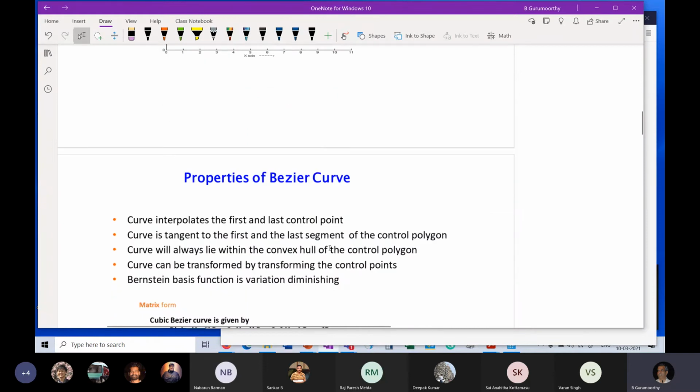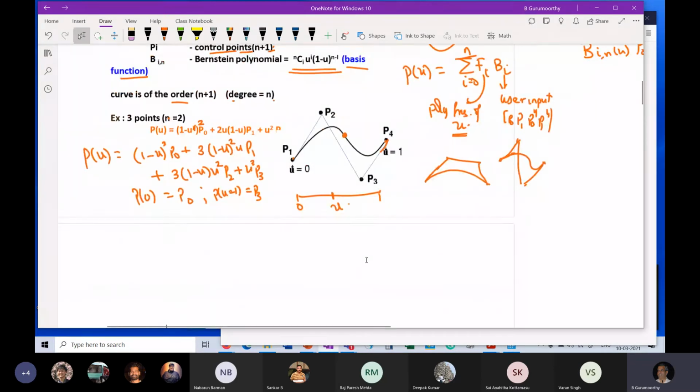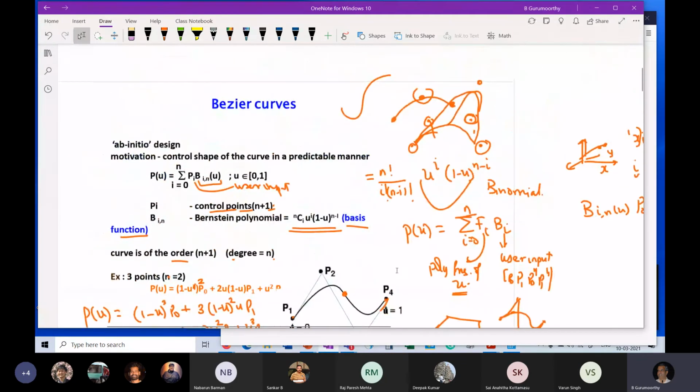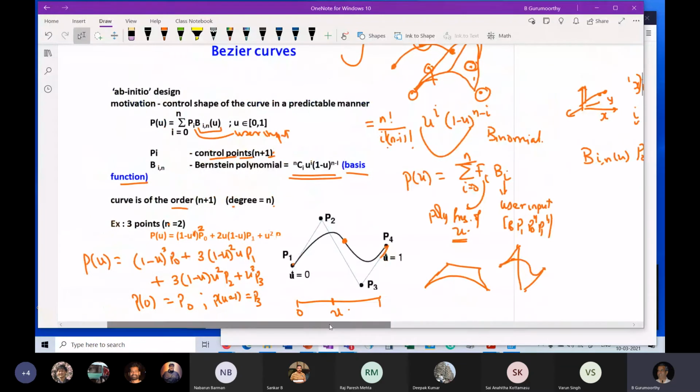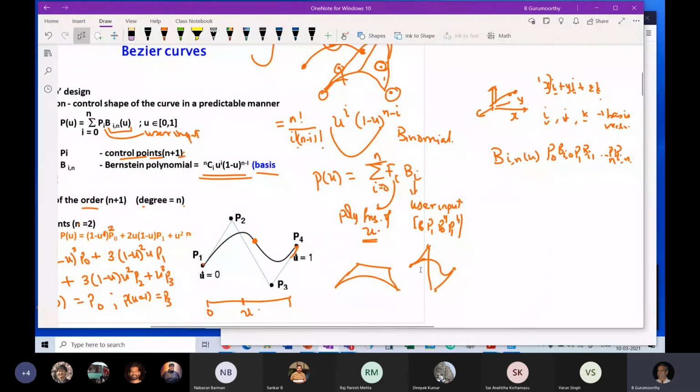Now the next property is a new one, which is why I was very confident that in this case I told you that the shape of the curve will always be this way. These curves have to be like this only. They can't be anything else.